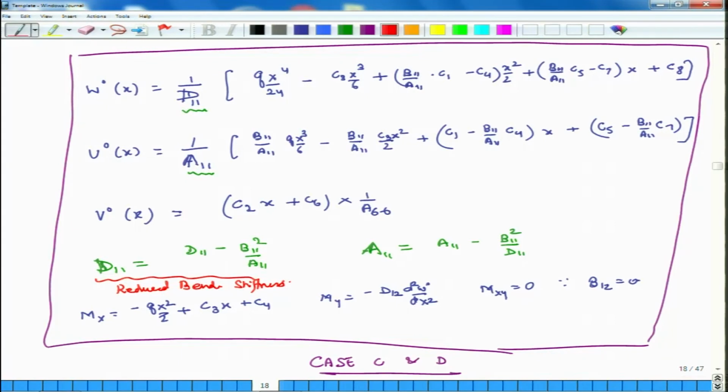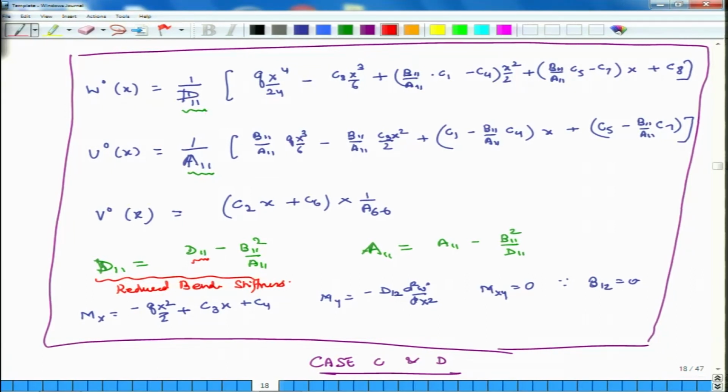Because D11 by itself is positive, and B11 is present, so the effective bending stiffness in the expression for w, we have 1 over this script D11. If B11 was not there, then this script D11 would be same as D11, but because this B11 is there, its effective value becomes reduced. So, the denominator instead of D11 becomes script D11, and that is a smaller number.